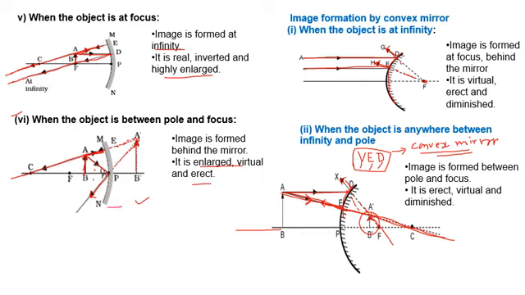The image there is virtual, erect and enlarged. Okay, and VED is virtual, erect and diminished in case of convex mirror.